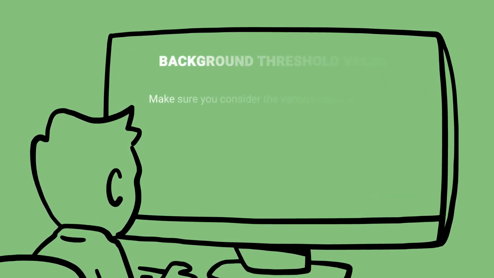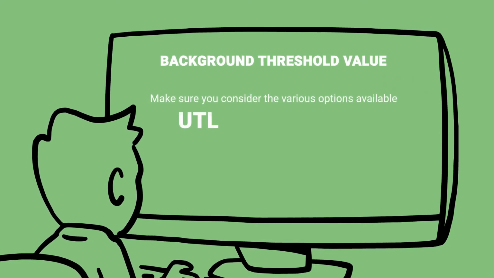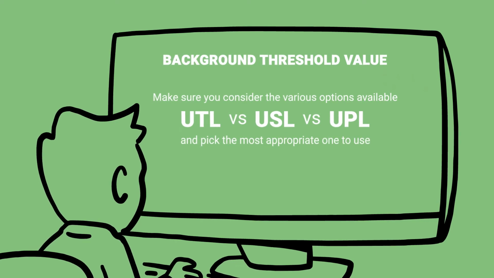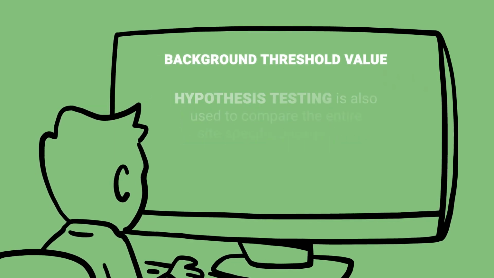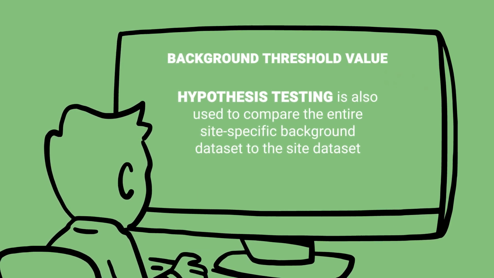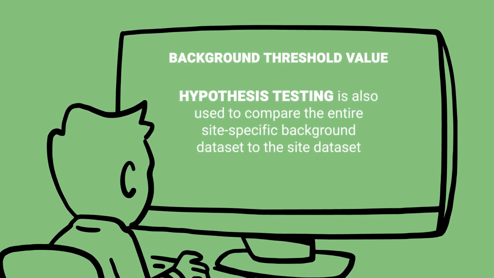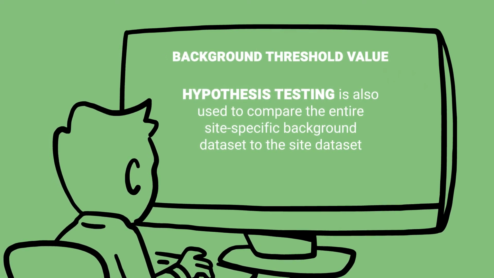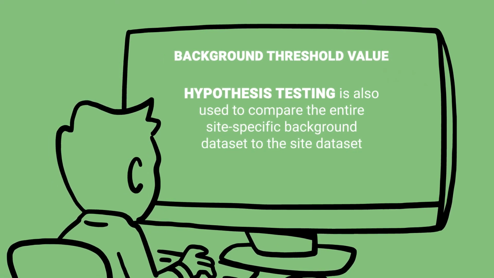Make sure you consider the various options available, UTL versus USL versus UPL, and pick the most appropriate one to use. Hypothesis testing is also used to compare the entire site-specific background dataset to the site dataset. US EPA's ProUCL software is commonly used to accomplish this step, but other software could be used.